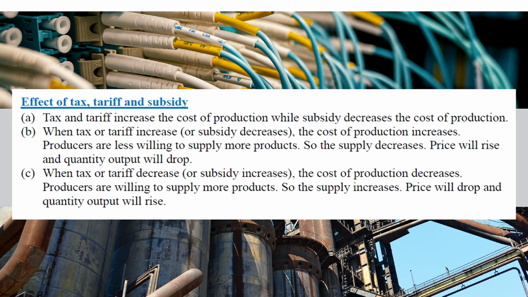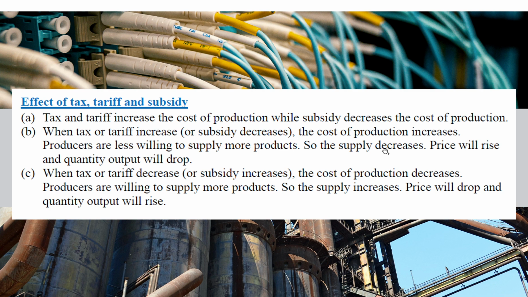Okay, so another example of why supply changes may be due to a tax, tariff, and subsidy. Do you know a tax and tariff increase the cost of production, right? But the subsidy, on the contrary, decreases the cost of production. So when the tax or tariff increases, the cost of production increases, or when subsidy decreases, the cost of production also increases. So with the cost of production increasing, producers are less willing to supply more product, right?